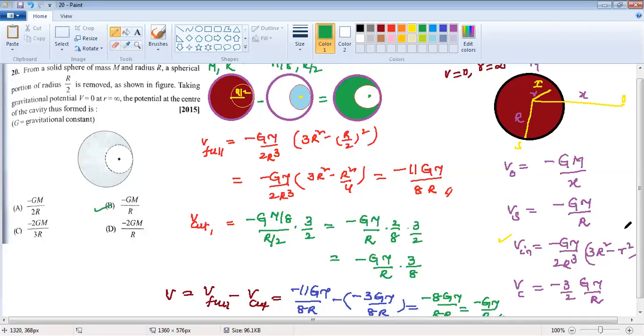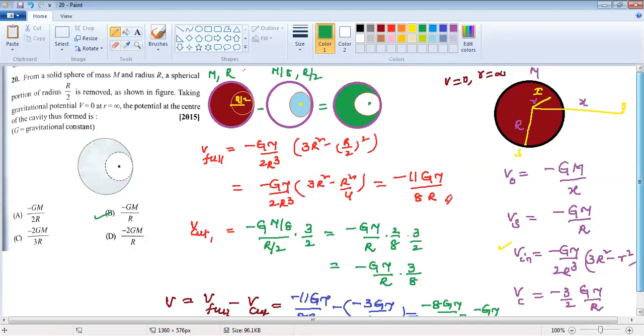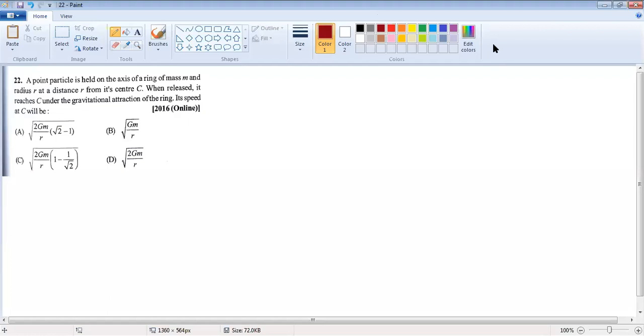In the cavity methods. The point particle is held on the axis of the ring of mass M and radius R. Now let us take this ring here.